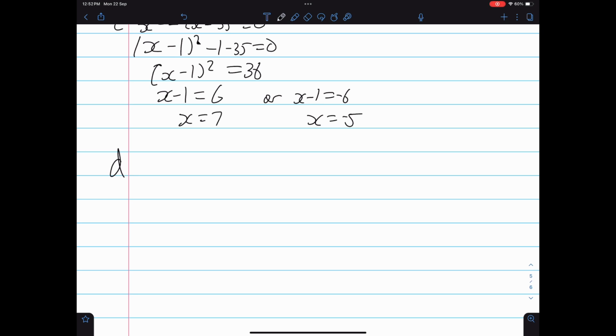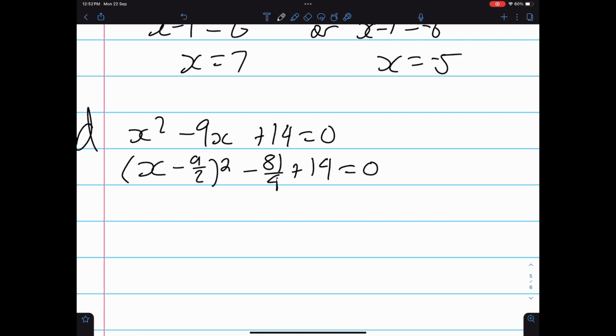Now the next problem is x squared minus 9x plus 14 equals 0. Complete the square. We halve that 9. Then we subtract the square of 9 halves. Add that constant term back. And then we end up with this.